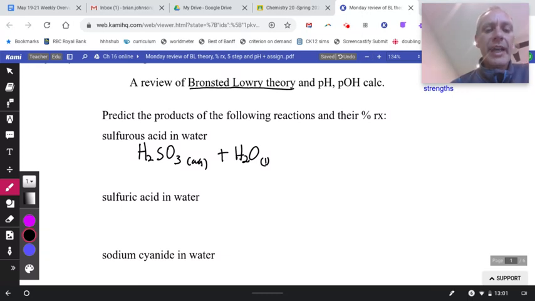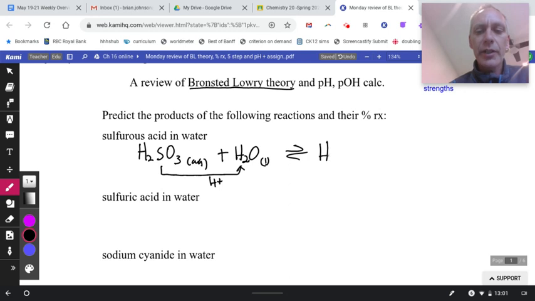Because we know it's an acid and Bronsted-Lowry theory says it will donate a proton, probably stuck in equilibrium, we'll figure that out, and donating a proton, an H plus, so we lose an H, so we're HSO3 minus. Water gained the H, so it's H3O plus.